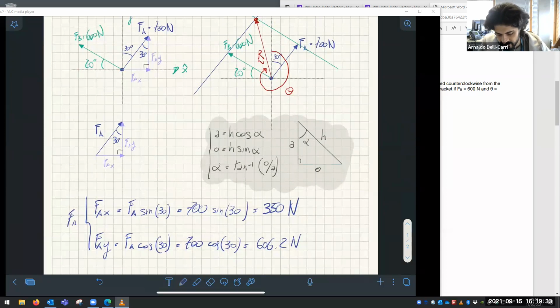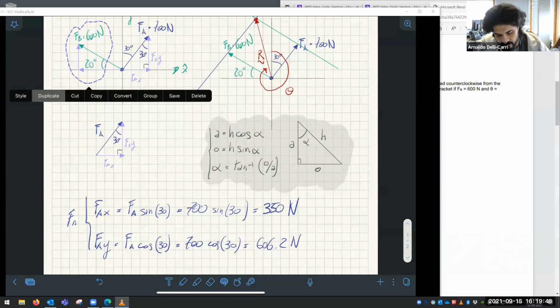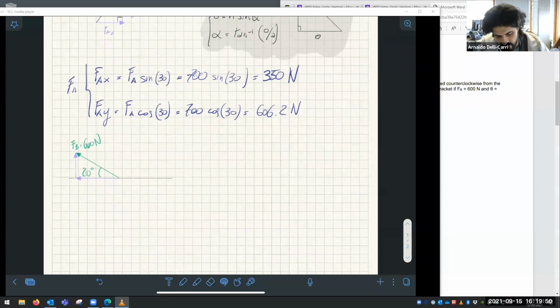So I am expecting that the horizontal component will be leftward and the vertical component will be upward as well. You agree with me? Good. So let's copy this one. Put it here. And help me out figuring out what is FBX and what is FBY.